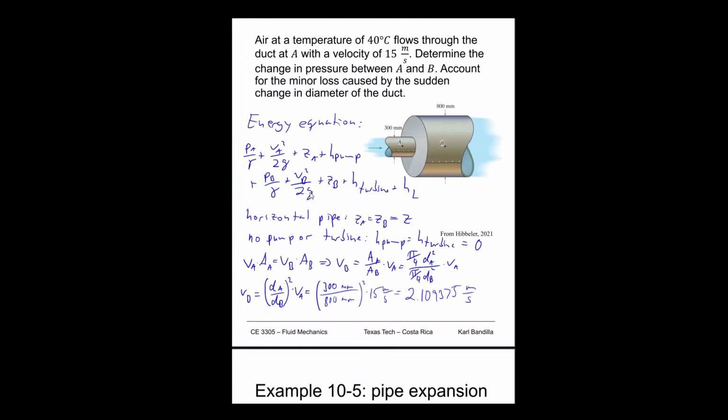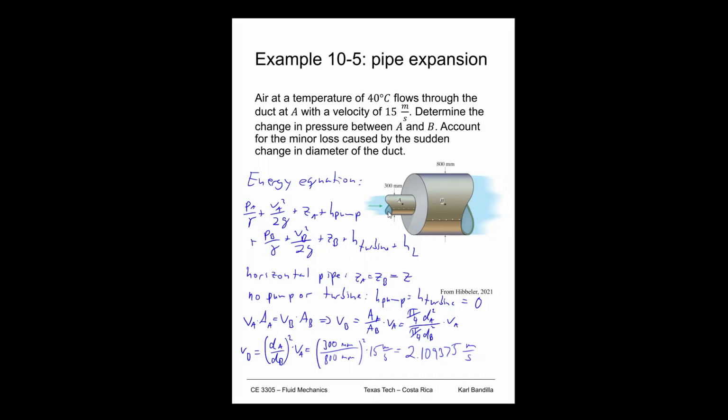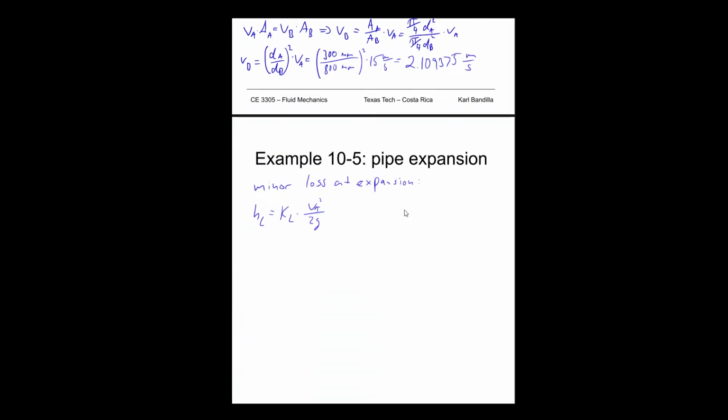Choosing VA here because that's the smaller diameter, and at the expansion we always use the smaller velocity. We also know what KL for this type of sudden expansion is. That's 1 minus dA squared over dB squared, times VA squared over 2 times G.